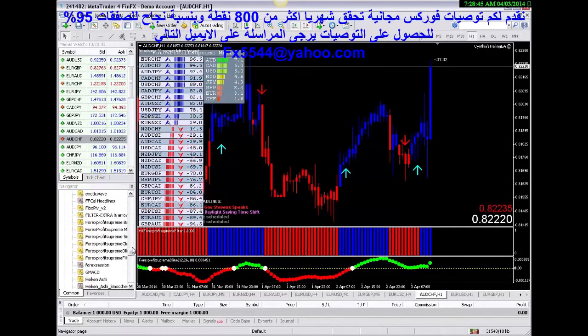You can find it right here and just add it to a blank chart. Then just keep going back and looking at it, because I'll show you how to use it and read it. I think it's really more important that you have the Forex Factory calendar headlines indicator on each currency chart.